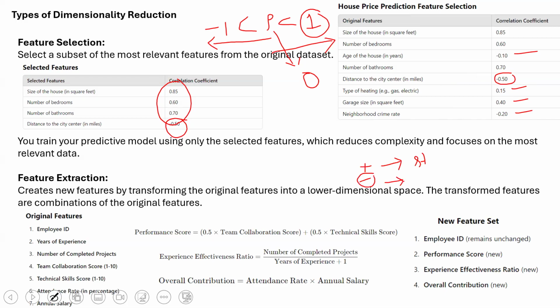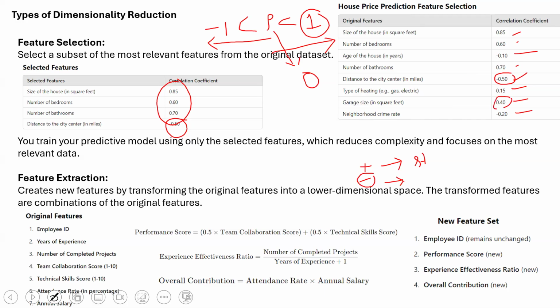So we have to just arrange the values in the descending order, ignoring the positive or negative sign assigned to them. So what are the highest values? 0.85, 0.6, 0.7, 0.50. When coming to this correlation coefficient, minus 0.50 is not lesser than 0.40.